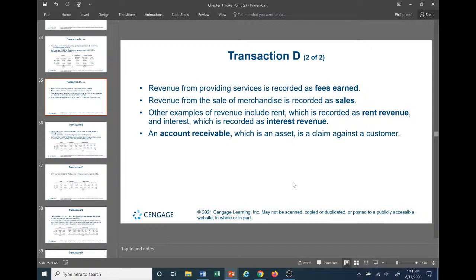Interest revenue. What could trigger interest revenue? Let's say our company has some excess cash sitting around, and you don't want to just have money sitting around. For one, it could be susceptible to being stolen, susceptible to fraud, something like that. But also, you want to grow your money. So usually when companies have free cash flows or free money sitting around, they'll invest it into securities or bonds.